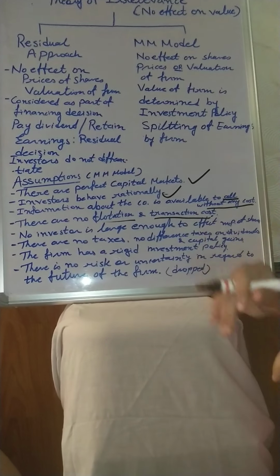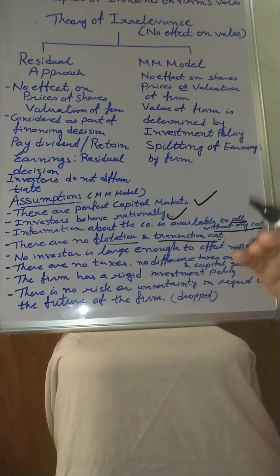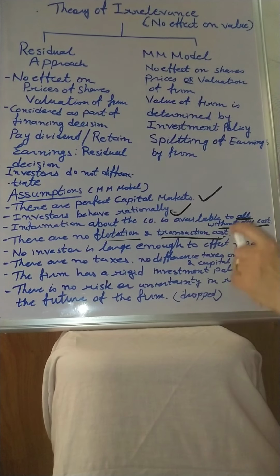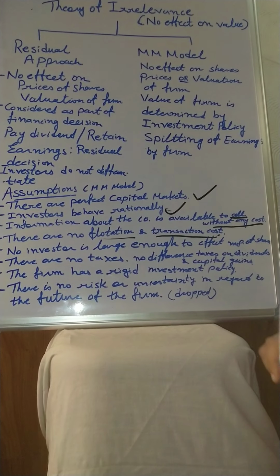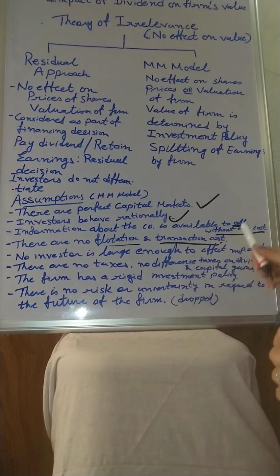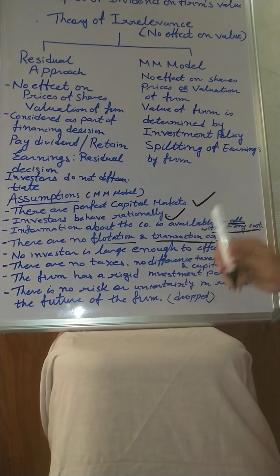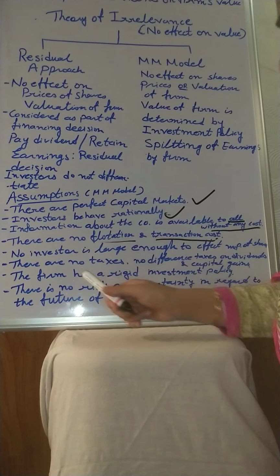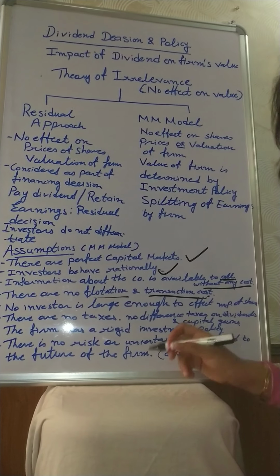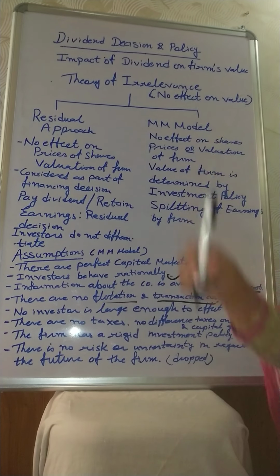There are no taxes, or there should not be any differentiation between taxes on dividends and taxes on capital gains. The next assumption is that the firm has a rigid investment policy. And the last one, there is no risk or uncertainty in regard to the future of the firm, which was dropped later.